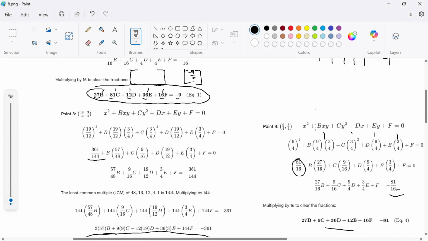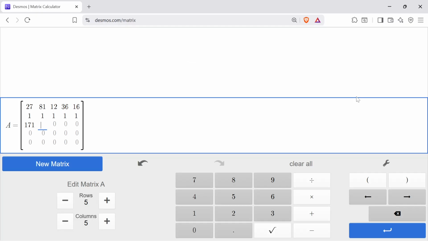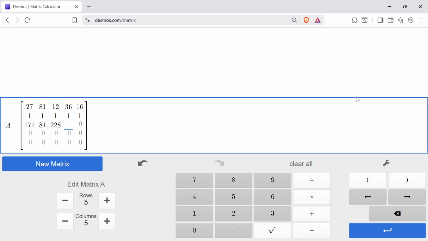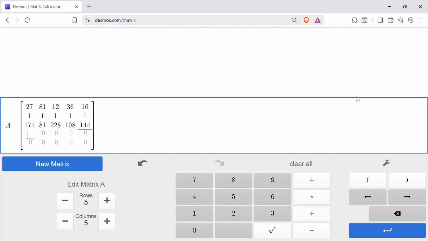And then the third row is 171, 81, 228, 108, and 144.